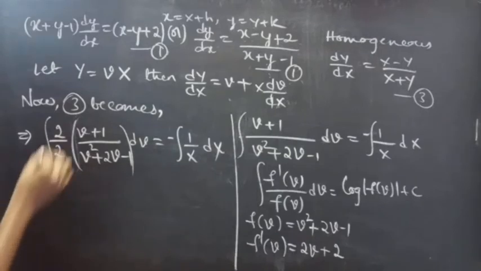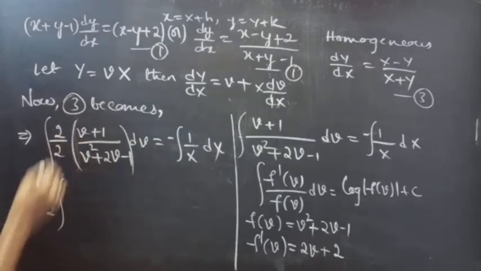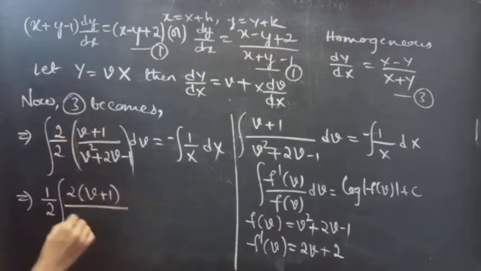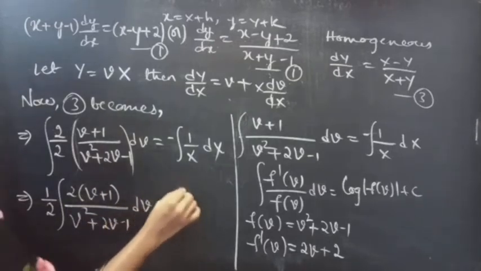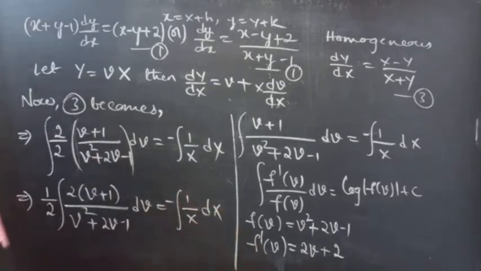Then take 1 by 2 as a constant outside the integral into 2 times v plus 1 by v square plus 2v minus 1 into dv equals minus integral 1 by x dx, right?